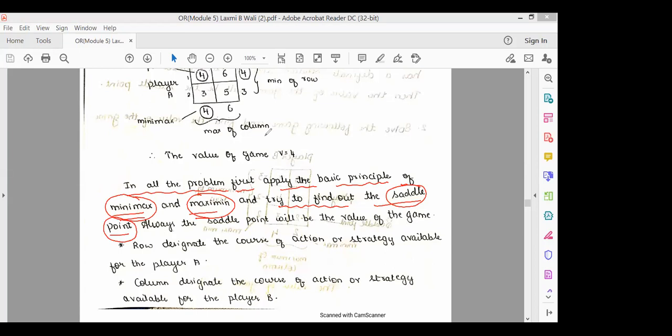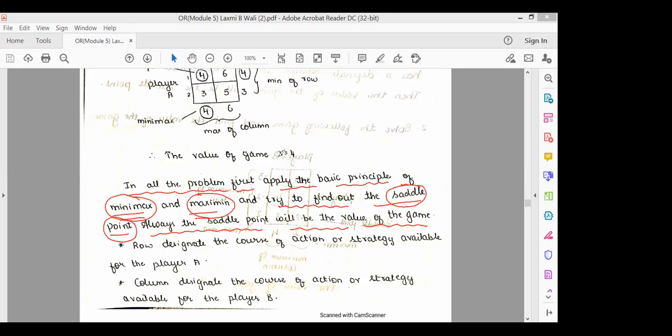The value at that particular saddle point will be the value of your game. So always the saddle point will be the value of a game. Whatever value you have at that location of the element, that value itself will be called the value of a game.